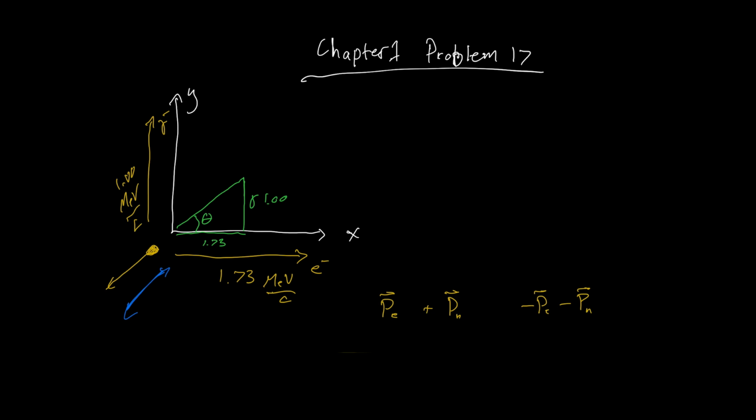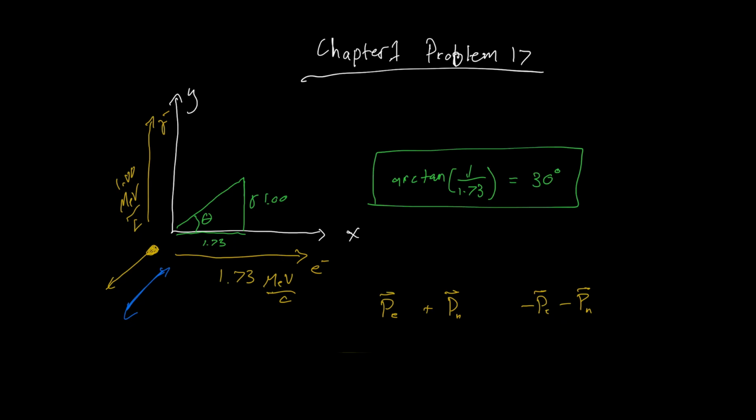And that is just the arctangent of 1 over 1.73, which turns out in degrees to be about 30. And that's about it. It's that simple. And obviously you have to say in the opposite direction, because it's not going this way, it's going that way. So in the opposite direction.